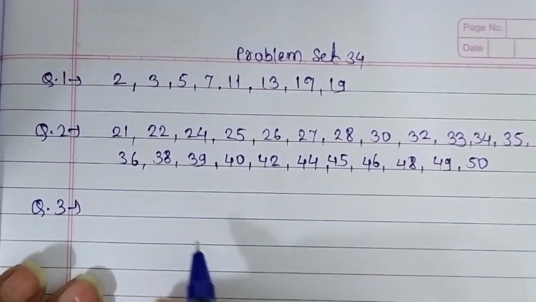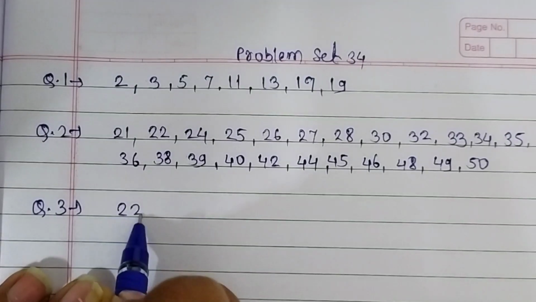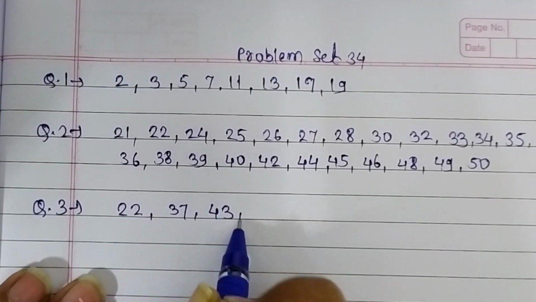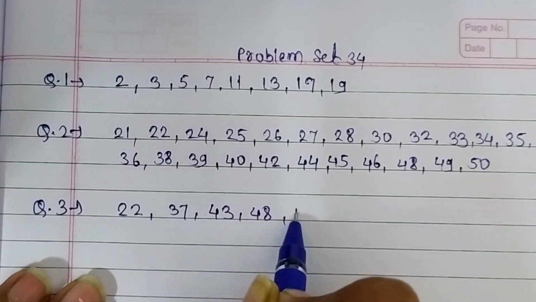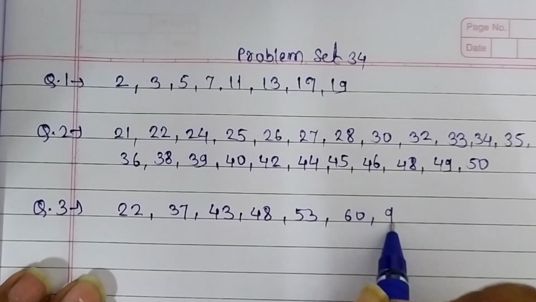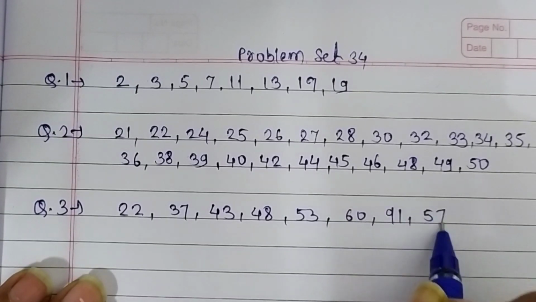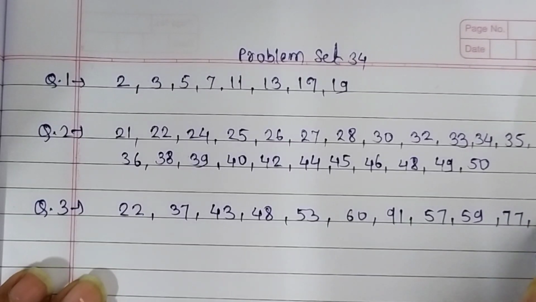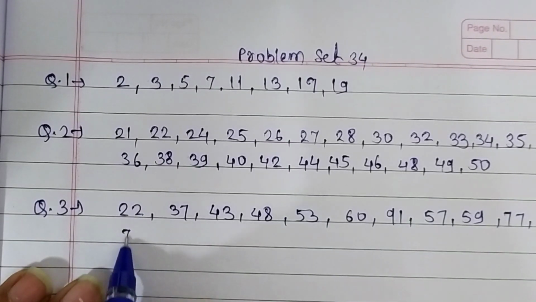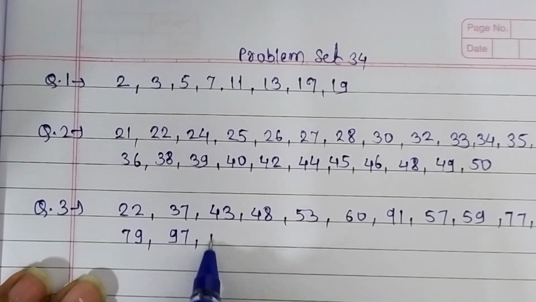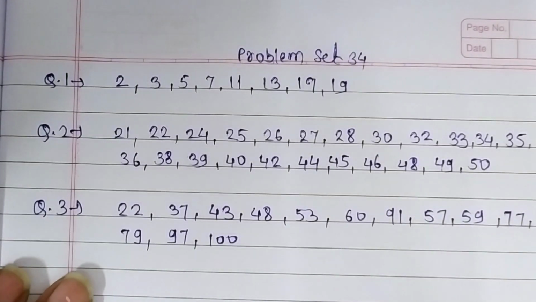The numbers are 22, 37, 43, 48, 53, 60, 91, 57, 59, 77, then 79, 97 and 100.